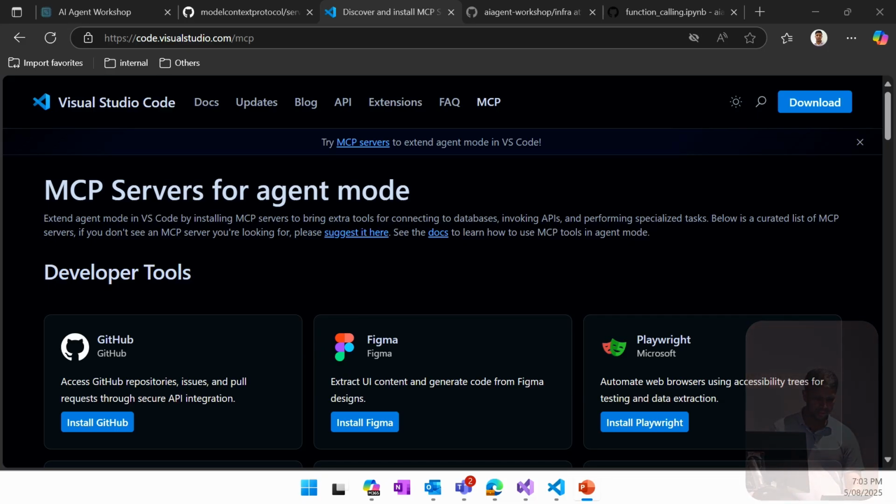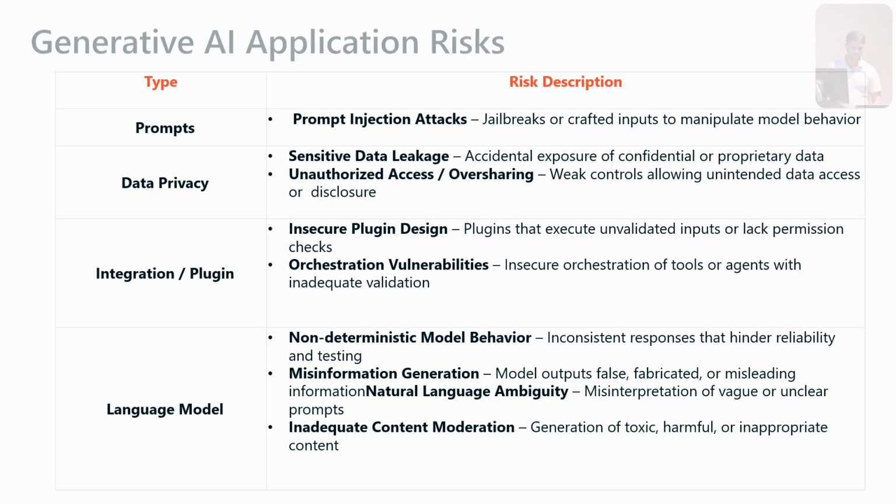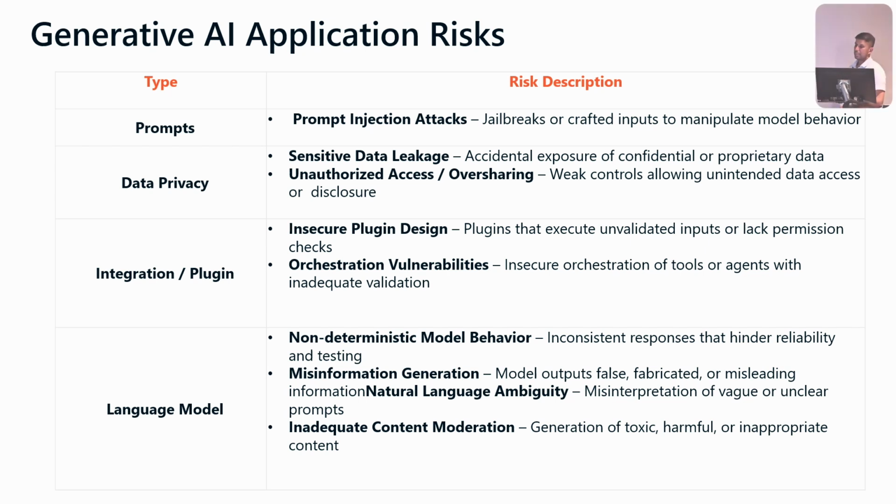Okay, I'll just quickly show you the last thing. When you are working with generative AI applications, you also have to tackle some risks around your AI application. I have tried to summarize all the risks in this slide. I won't go through the entire list, but as we have discussed, with respect to working with the model, we have some issues around the model being indeterministic, hallucinating, and biased.